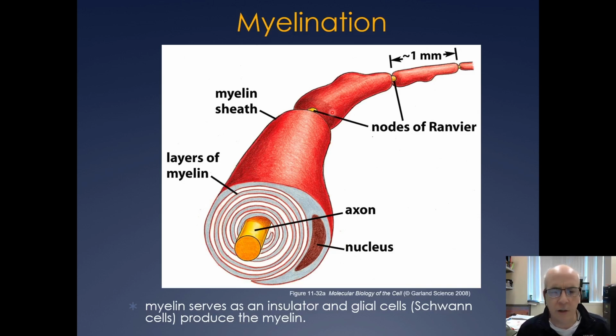You know how on a wire or a cord, it's coated in this rubbery coating that prevents you from getting a shock when you touch the wire. Same sort of concept here. And so what ends up happening is the depolarization occurs at these nodes of Ranvier, and they move in directions. All of the voltage-gated sodium and potassium channels are going to be in these nodes here, as well as the sodium-potassium pumps.